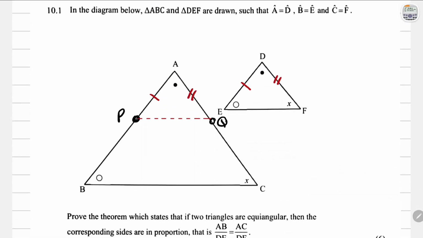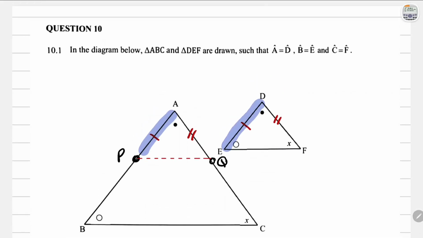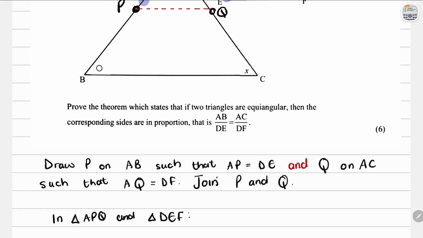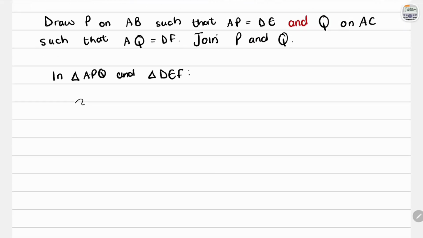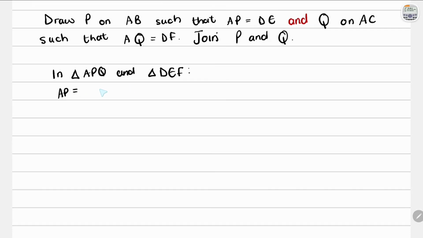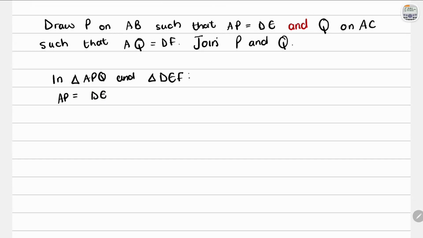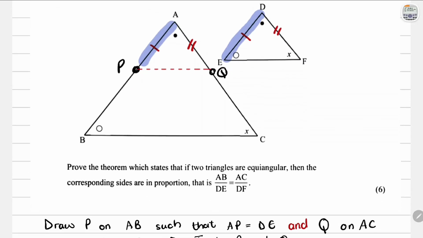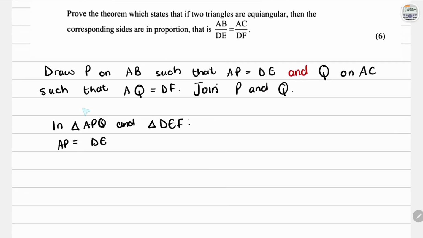Okay, so let's look at these two triangles and let's just see the things that are equal. So first of all, we see that AP and DE are exactly the same. And they're exactly the same because of our construction. So we can actually tell them that AP, first of all, is equal to DE, and that is just by construction. You see that we drew that point P in such a way that AP was equal to DE already, okay?